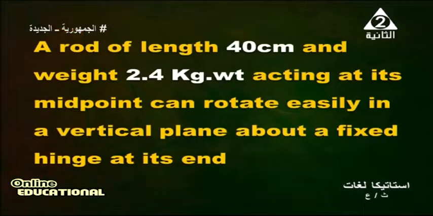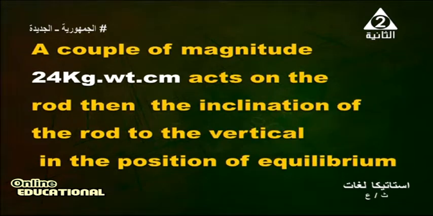Now we move to another one. A rod of length 40 centimeters and weight 2.4 kilogram weight, acting at its midpoint, can rotate easily in a vertical plane about a fixed hinge, and a couple of magnitude 24 kilogram weight centimeter acts on the rod.